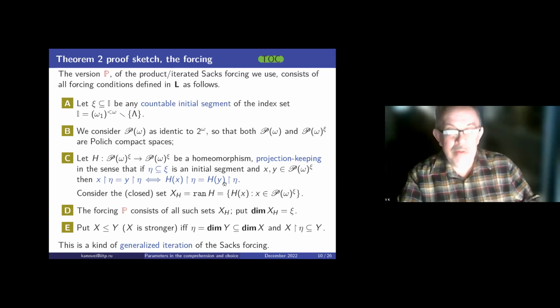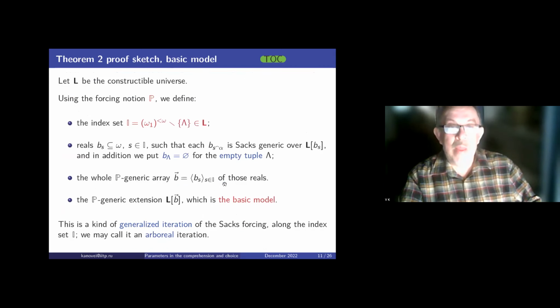Well, so this one really, I come back to the previous slide, it really produces such a system, such an array of reals, indexed by indices from this set I. So each next one is sub-generic over the previous one. And additionally, the bottom one is an empty set.